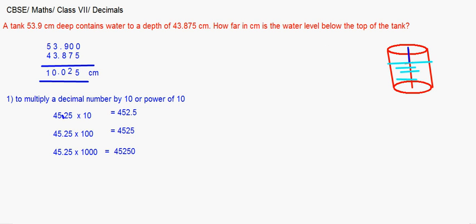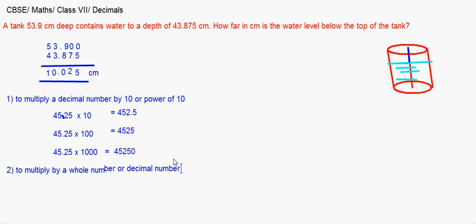Now the next one is to multiply a decimal by a whole number or a decimal number. I'll write it here.